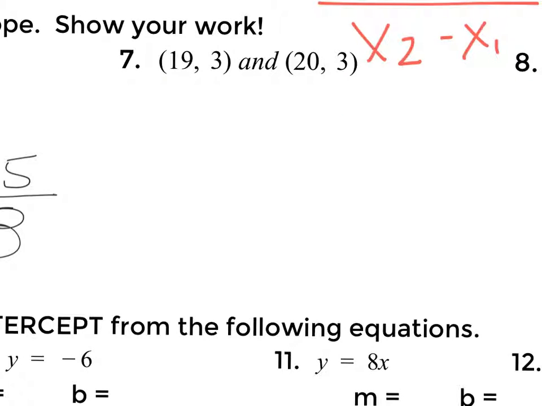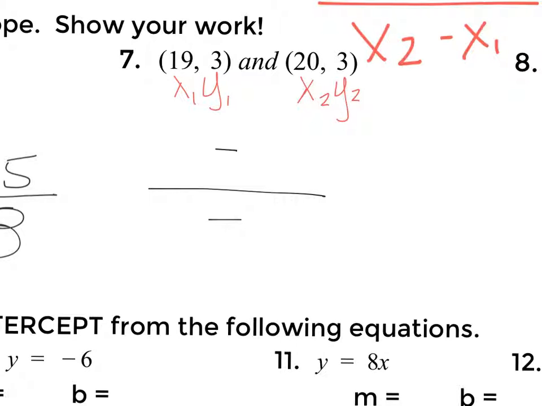Number 7, again, you have your two sets of points there. X, Y, X, Y, and this is your second set. Label them. It helps. In your numerator, what are you going to put?